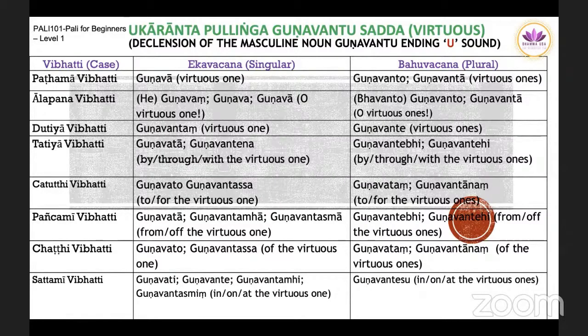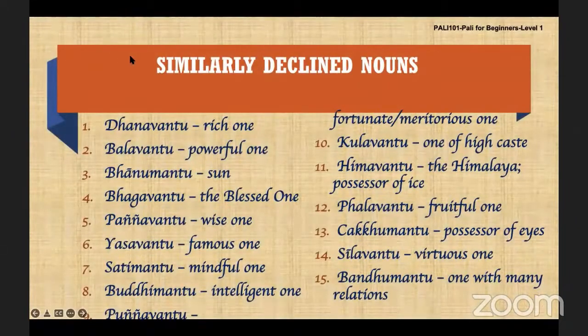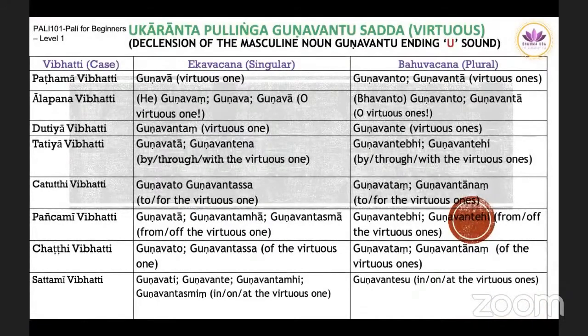Alapana vibhatti: he buddhima. Bhavanto, buddhimanto, buddhimanta. Dutiya vibhatti, ekavachana: buddhimantam. Bahuvachana: buddhimante.